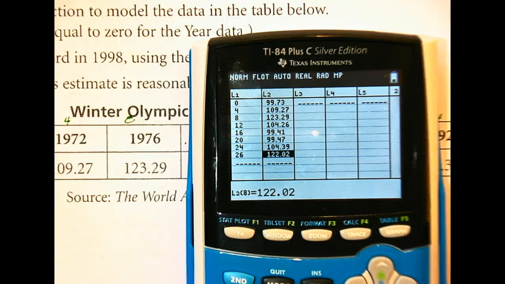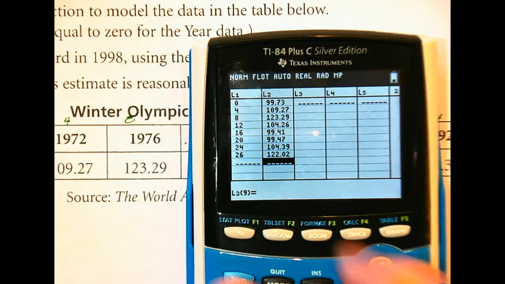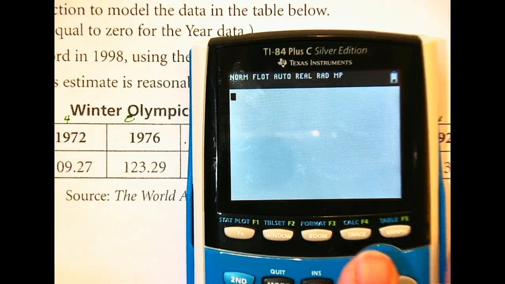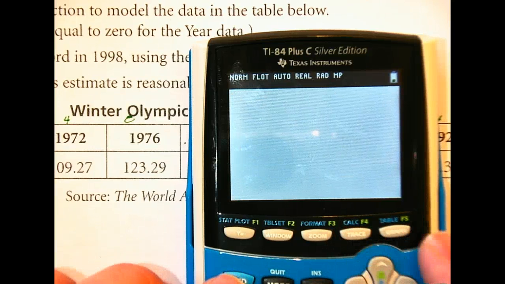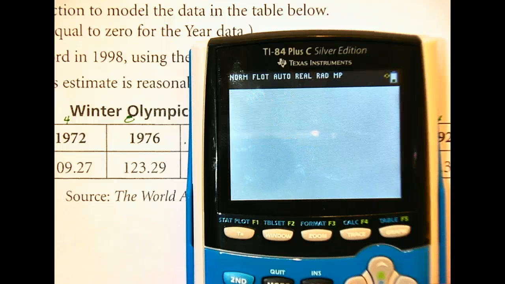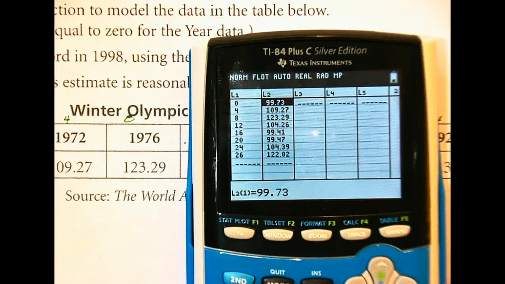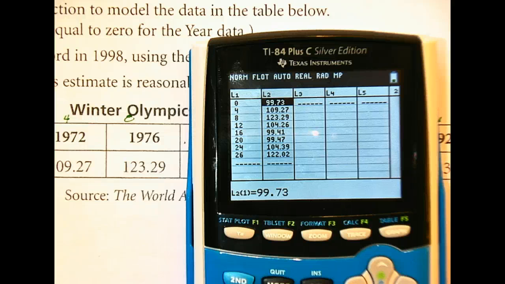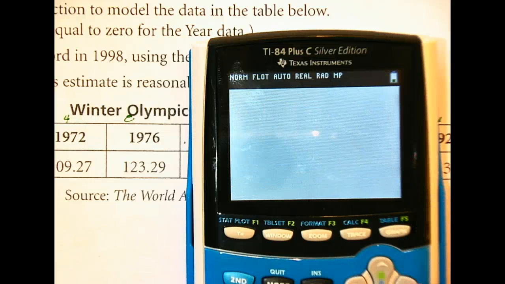Just go up and hit delete. All right, let's go ahead and hit quit. Isn't it 28, not 26? No, it is 26. At the end, you only skip 2. I should have told you guys that.